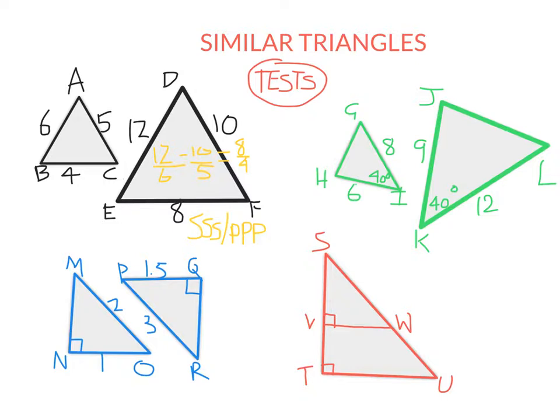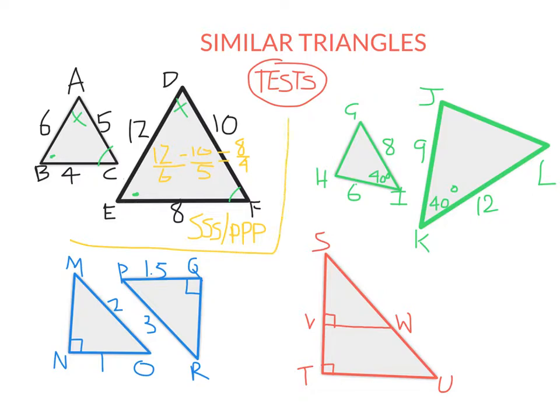So all sides being in proportion for a triangle is enough to show similarity. It does actually mean that all of these pairs of angles will be equal. So this angle and this angle will be equal, this angle and this angle will be equal, and these two angles will also be equal. So that's the first test: all sides in proportion, SSS or PPP, doesn't matter which one you use.